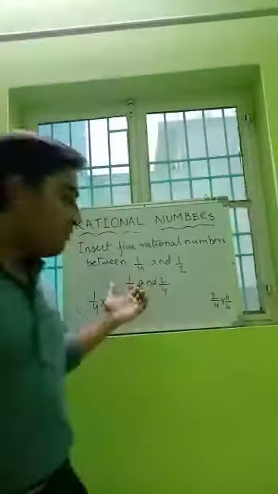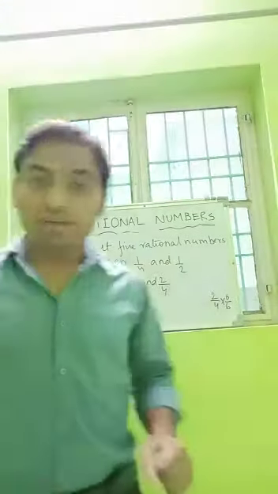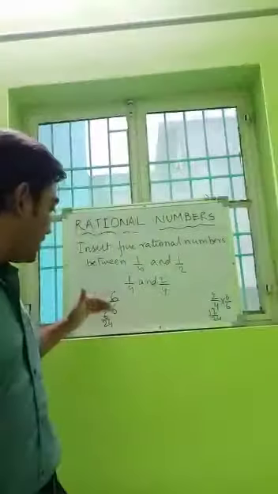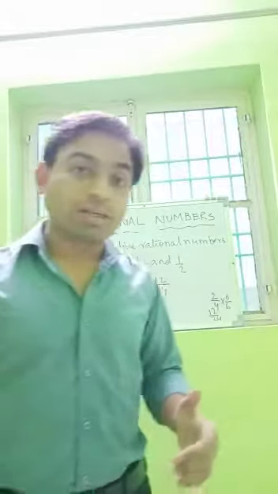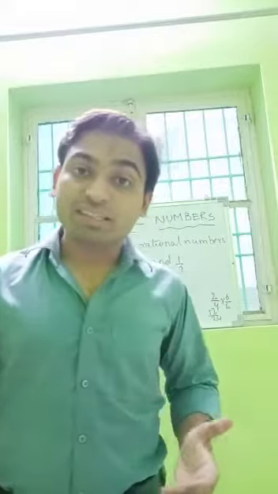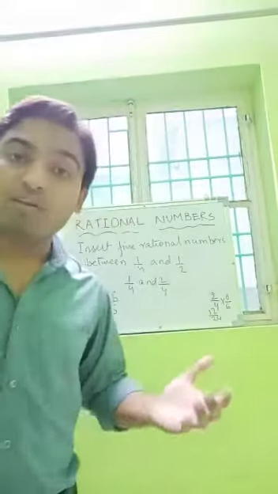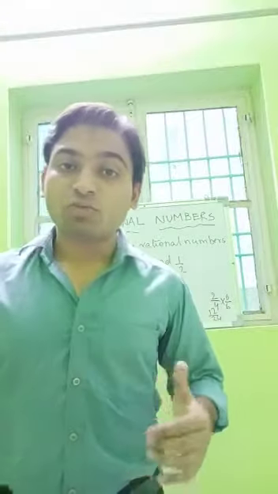If you multiply 1 upon 4 by 6 upon 6, you get 6 upon 24, and here 12 upon 24. So it becomes 6 upon 24 and it becomes 12 upon 24. See, now we can easily insert 5 rational numbers in between 6 upon 24 and 12 upon 24.